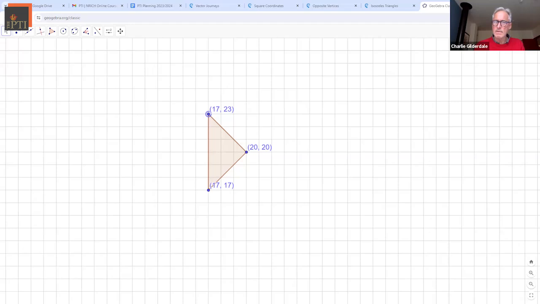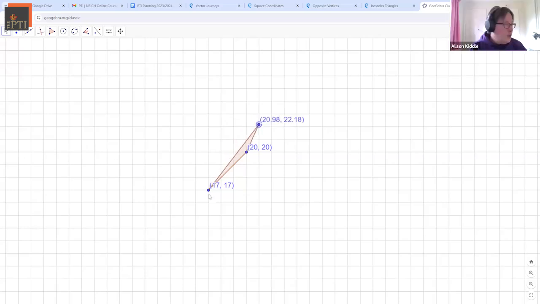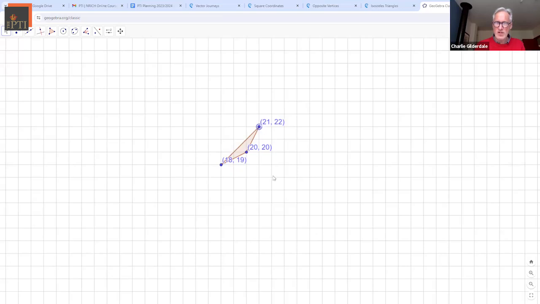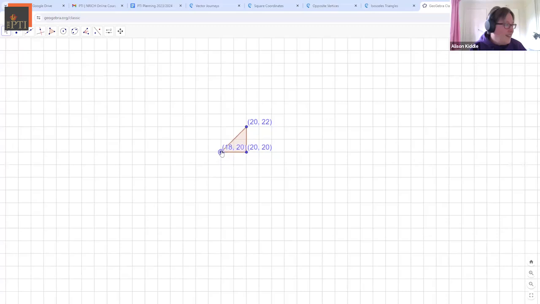I'm just thinking there must be some isosceles triangles where none of the sides are either horizontal or vertical. So I could have something. So to make this triangle, I wondered whether to leave the challenge for the participants. All right, I'll put that triangle up then, because there I've got a horizontal and a vertical side.